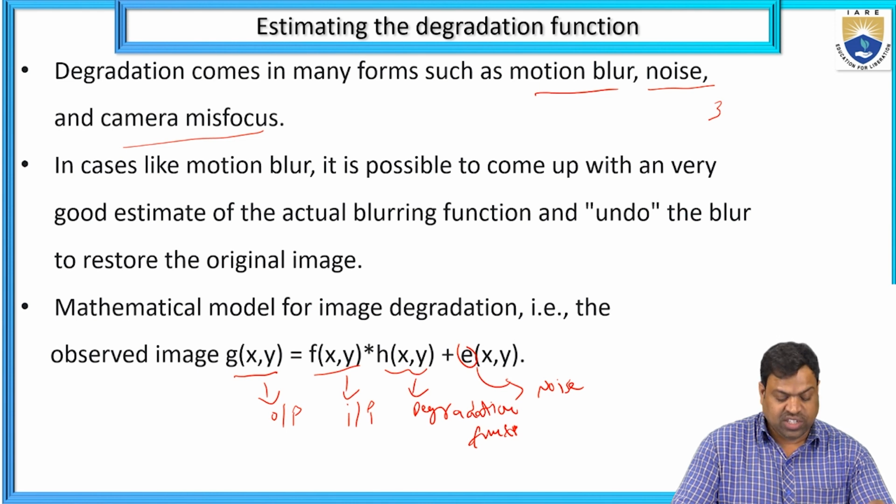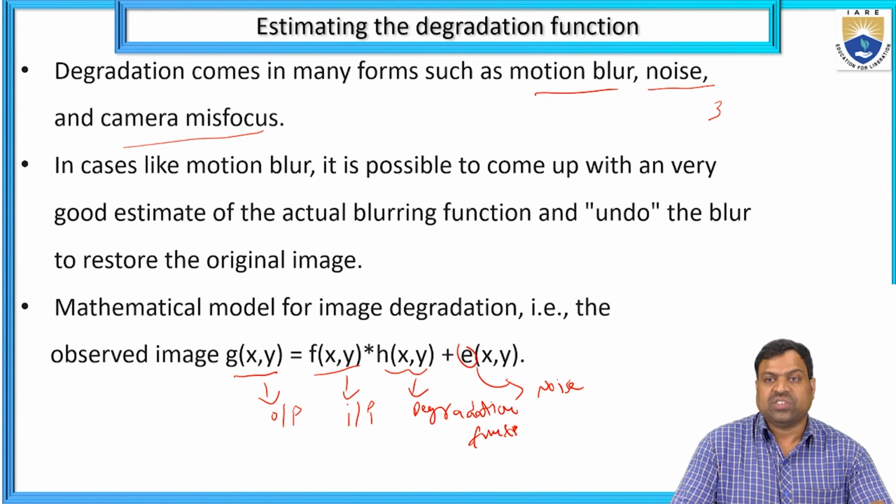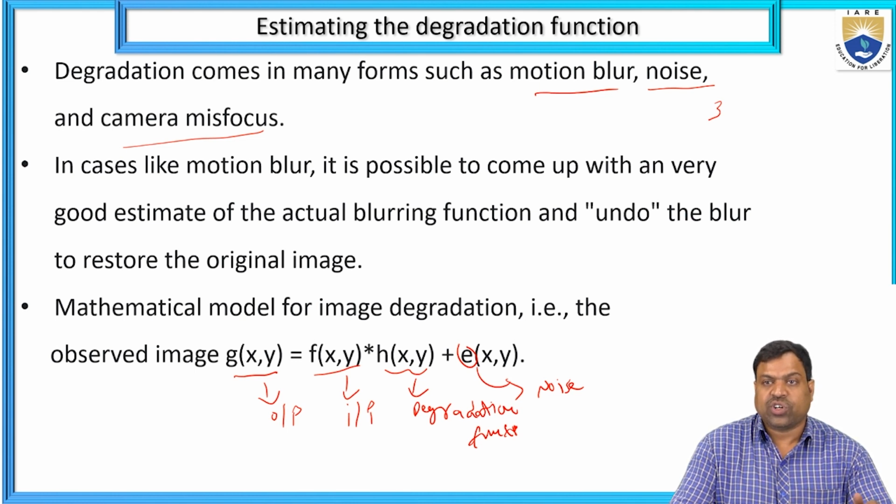The equation is the mathematical model for image degradation: the observed image g of x comma y equals f of x comma y convolved with h of x comma y plus e of x comma y. Here g of x comma y is the output, f of x comma y is the input function, h of x comma y is the degradation function, and e of x comma y is the noise, how much percentage.